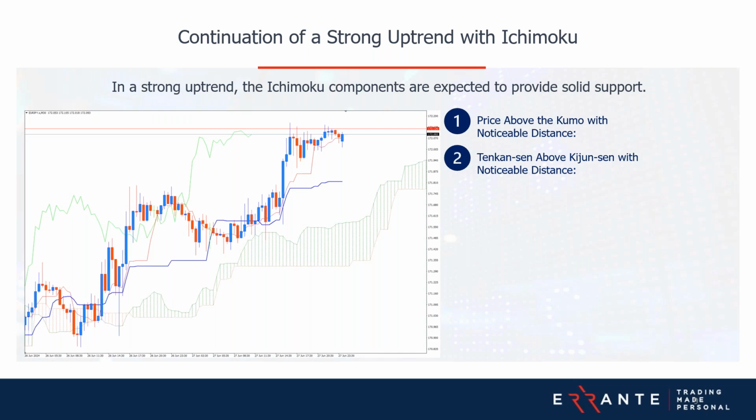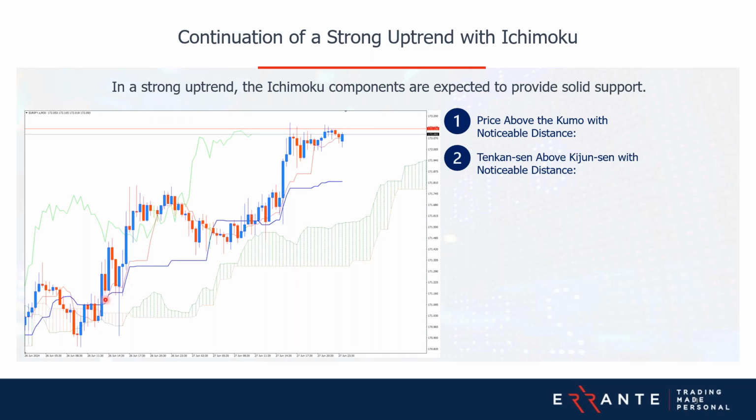A considerable gap between the Tenkan-sen as a conversion line and Kijun-sen as a baseline further confirms the strength of the uptrend. So the Tenkan-sen is more responsive to recent price movements, as we discussed, while the Kijun-sen reflects a longer term trend. So a significant distance between them, if they can keep this distance with a similar positive slope, indicates a strong recent price action in the direction of the trend.